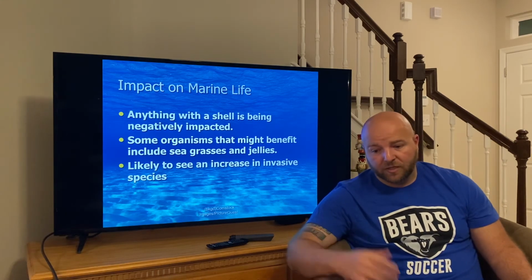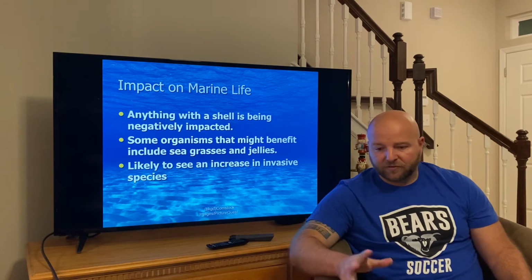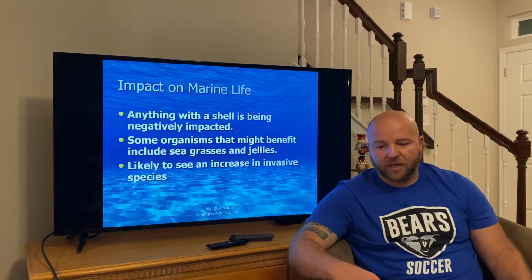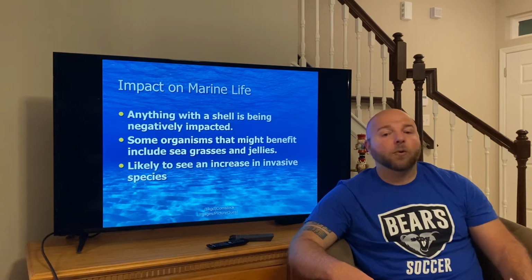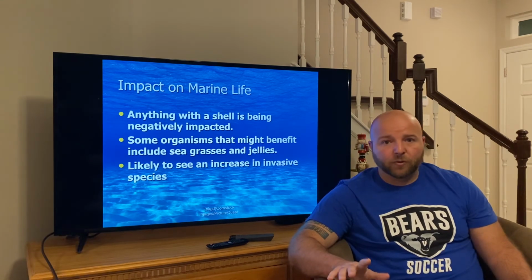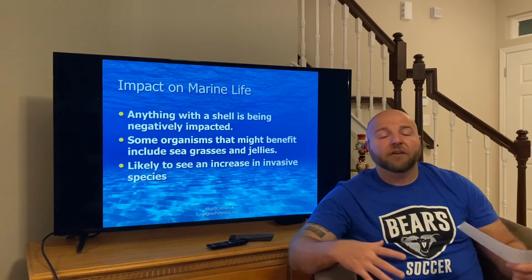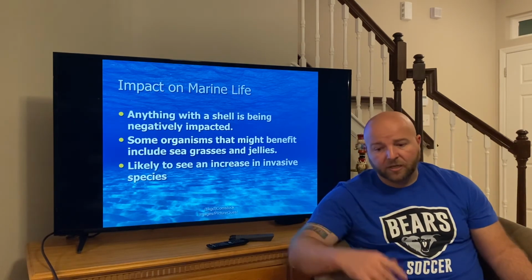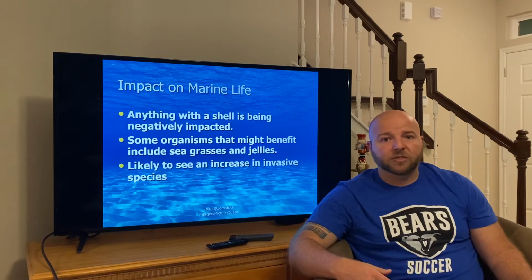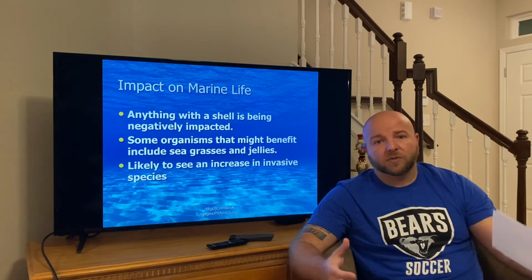Some organisms that might benefit include seagrasses and jellies for different reasons, but these are two things that the warmer waters will be good for. And then this is kind of a good and a bad: we will see some creatures thriving, but not in the places where they have normally thrived. We're going to see an increase in invasive species as different creatures have their own habitats destroyed and they move into new ecosystems.